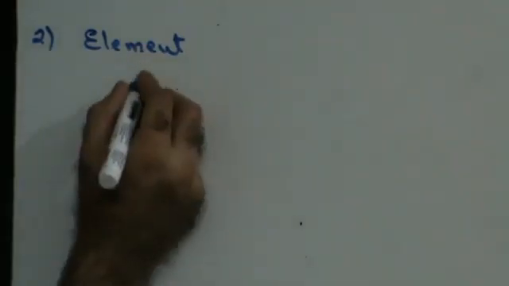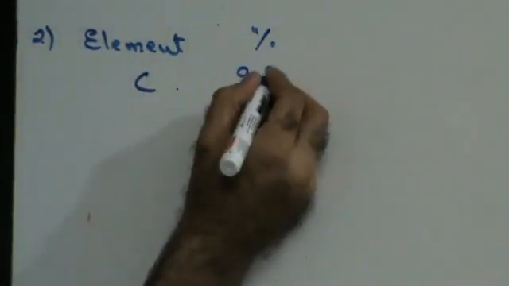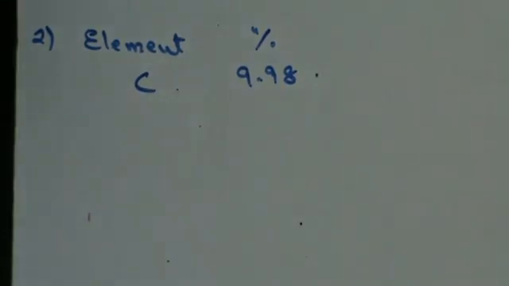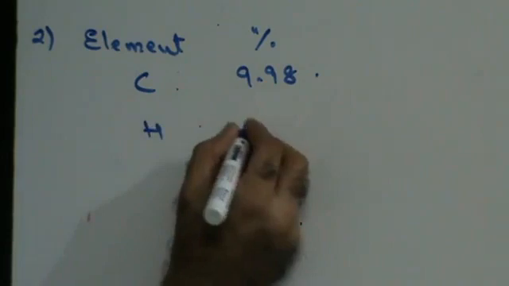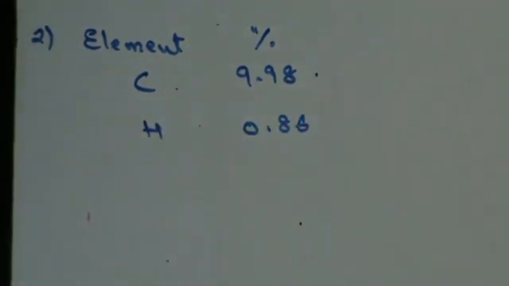Now I'll give you a couple of sums for practice. An organic compound contains 9.98% carbon, 0.86% hydrogen.